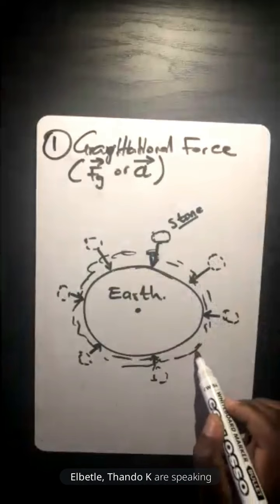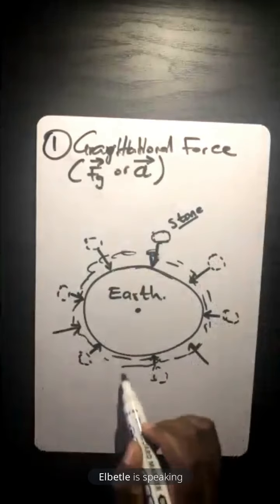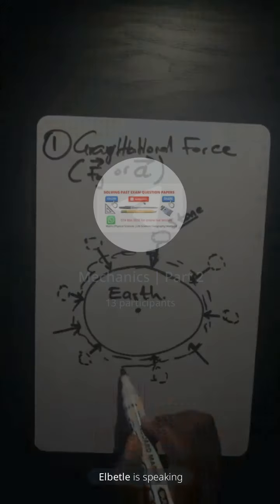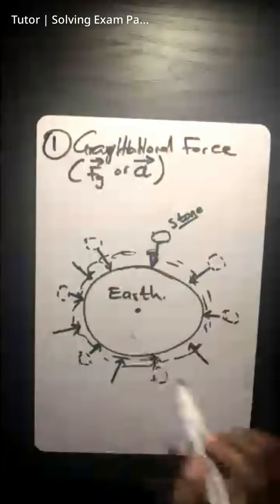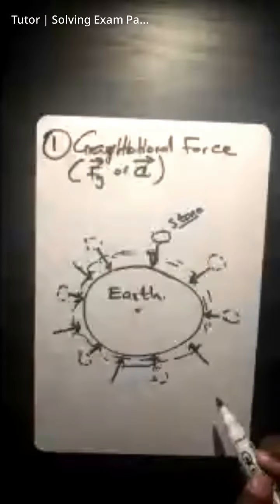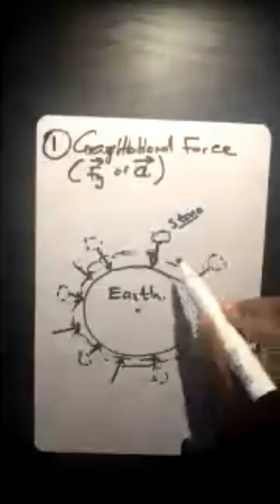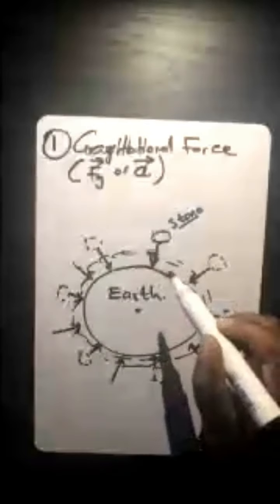So, sir, I have a question. Mm-hmm. Like in space, it means that there's no gravity there. So remember, in this case, we are referring to yourself throwing a stone upwards.